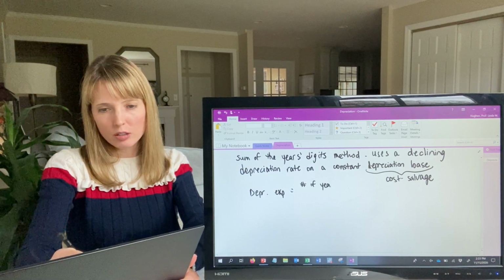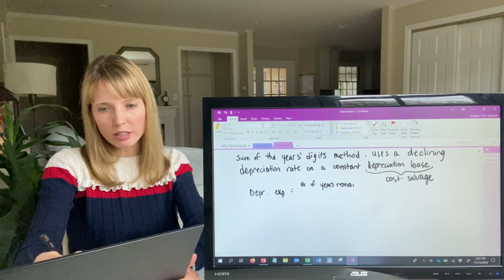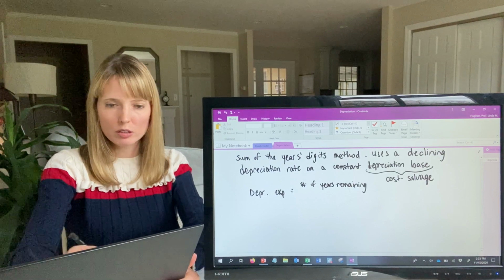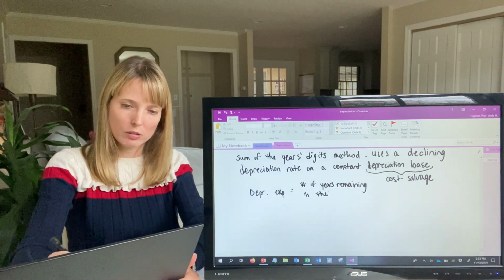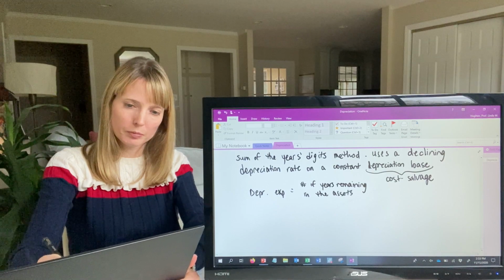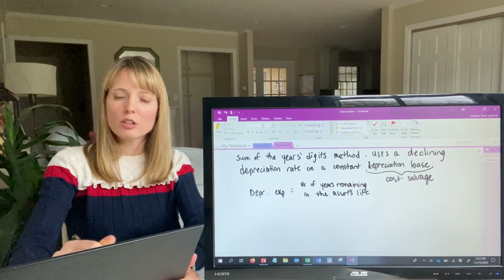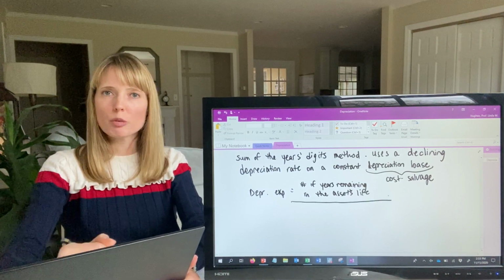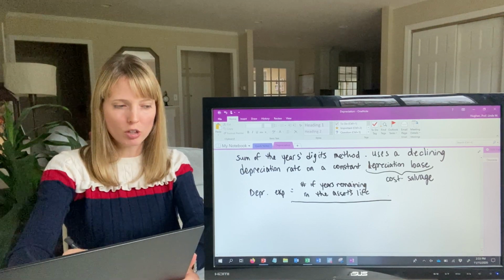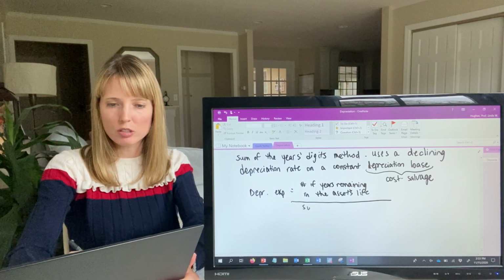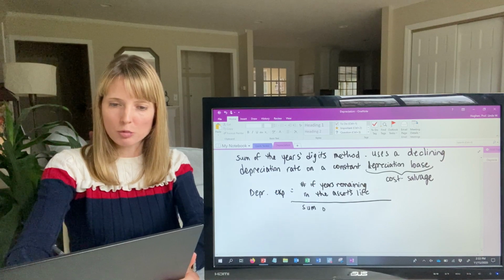So our depreciation expense in the sum of the year's digits method is equal to the number of years remaining in the asset's life divided by the fraction that we saw earlier in the slides, which is called the sum of the year's digits. And that takes a little bit of explaining.